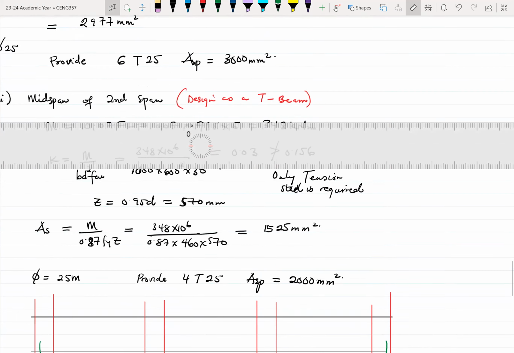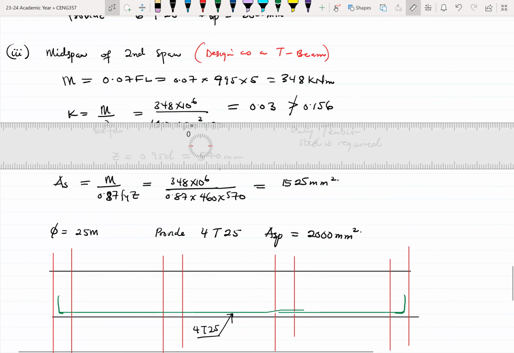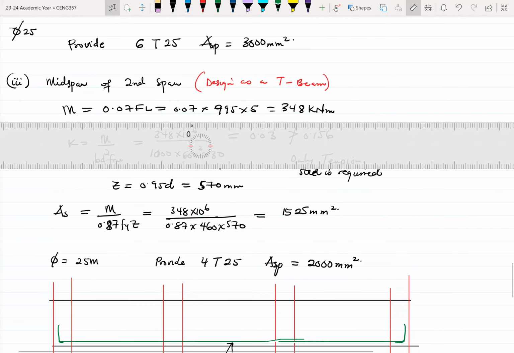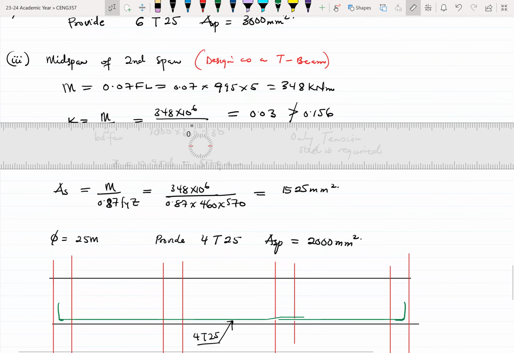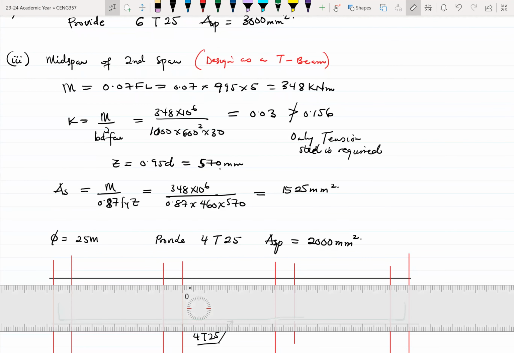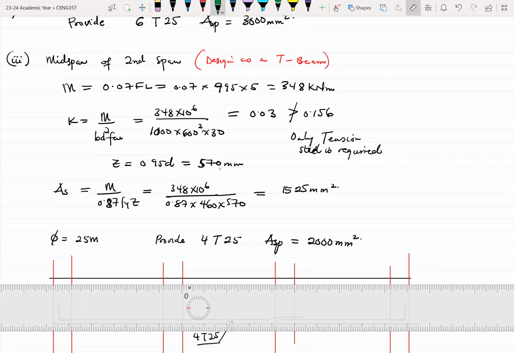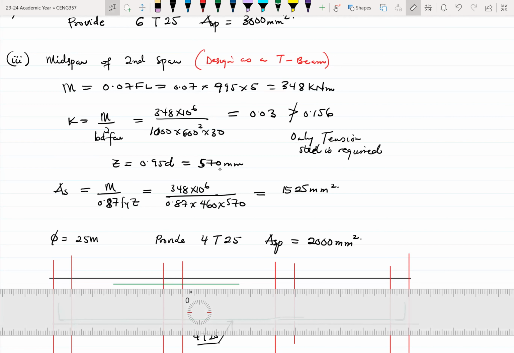Okay. Then at the top, we realize that over the supports, especially with the interior support, we were to provide 6T25. Let's assume that all the 6 cannot go on the same line, which is usually the case. What is going to happen is that, let's say for the top reinforcements using green, you have 1 this way. Then you will have another one that way.